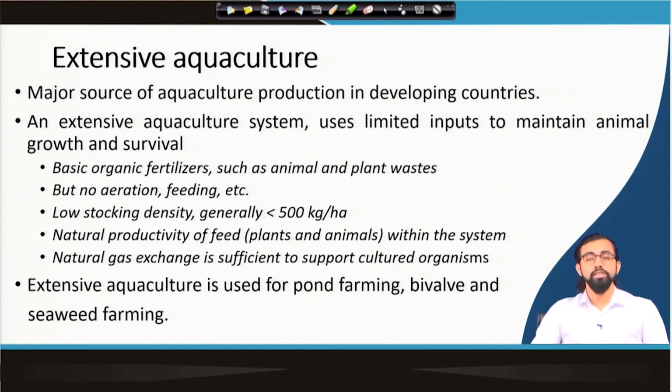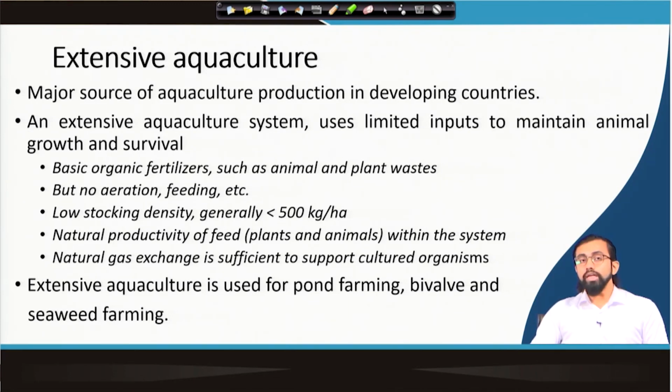We simply throw it into the water body. We don't need any additional aeration or feeding, because aeration and feeding are the major economic factors in aquaculture economics, which we don't have to worry about in extensive aquaculture.